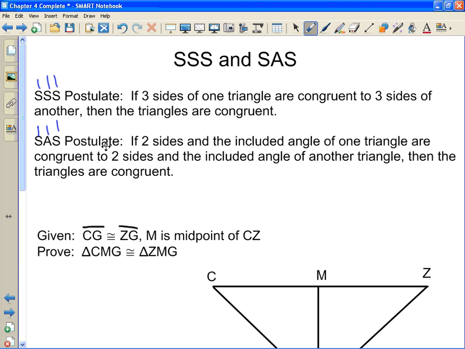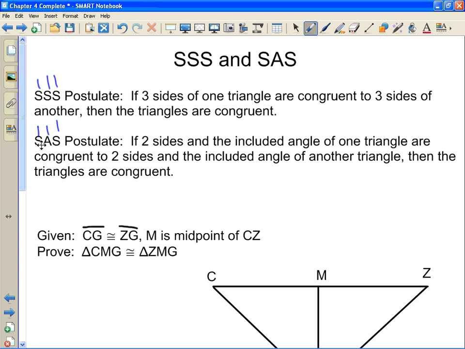And these are the only 2 postulates that work for when you have 2 sides. There's one other one that's a very specific case that we'll get to at the end of another lesson. But for right now, if you have 2 congruent sides, as a minimum, you have to either go for a 3rd side or the angle that's between the 2 sides that you have.